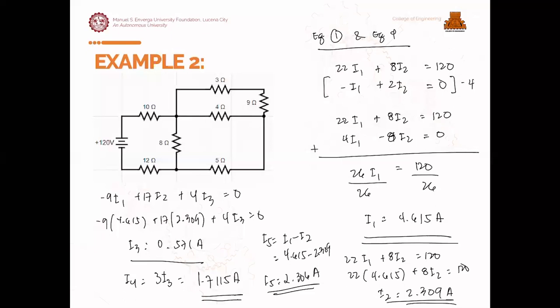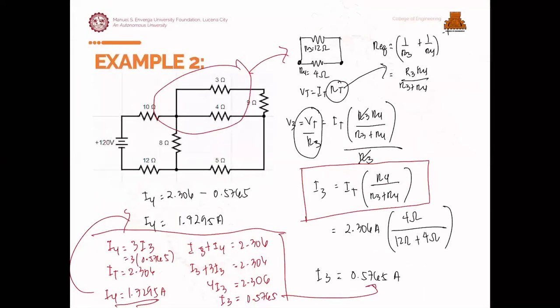Na pag chinek nyo yung value ng currents na yan, is the same nung na-calculate natin kanina. So yung na-calculate natin dito is 0.576. Yung na-calculate lang natin dito is 0.571, pero almost the same. Dito 1.72. Yung na-calculate natin is 1.71. Then yung I4 1.72.